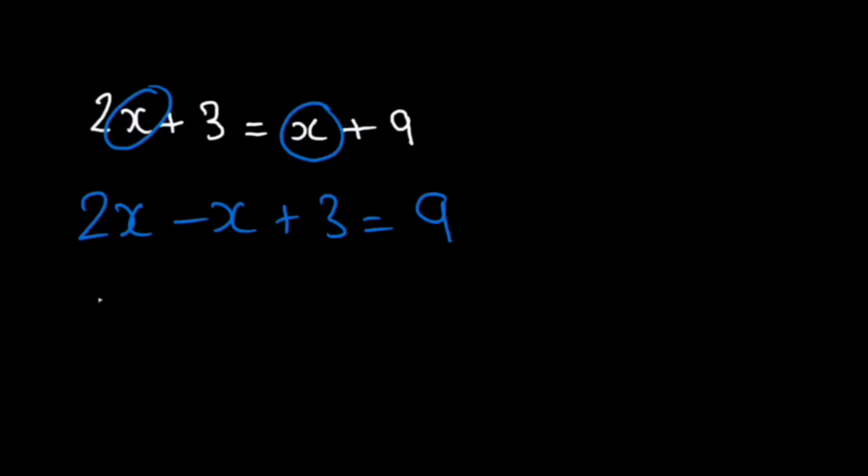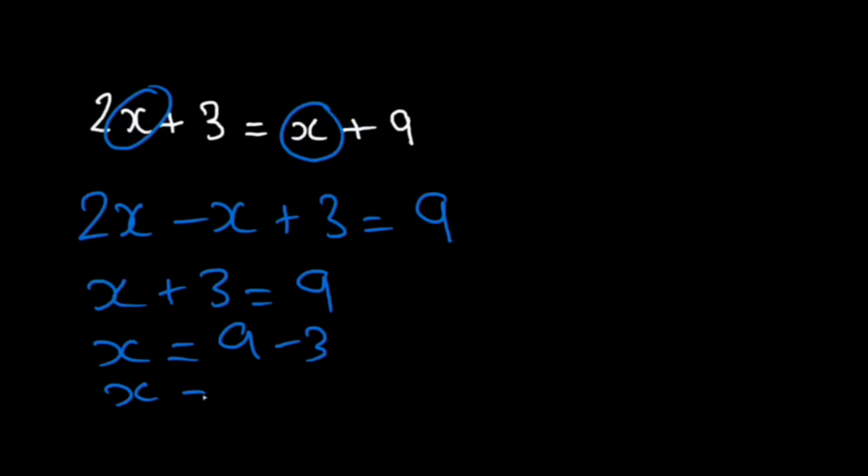Two x minus x is just x. Now we have a basic type of equation. When we move positive 3 to the other side, it becomes negative 3, and x is equal to 6.